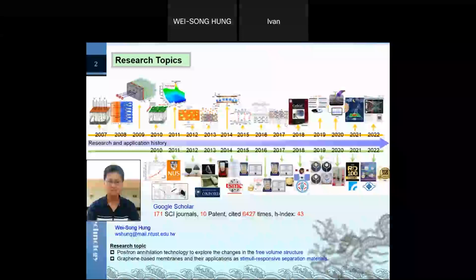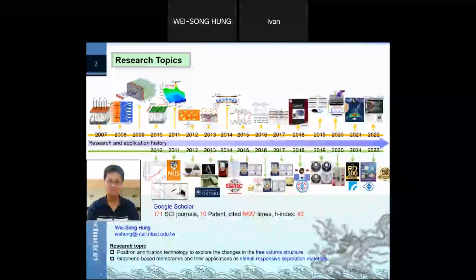Then I moved from Zhongyuan University to Taiwan Tech, and changed my topic to the preparation and application of 2D material graphene-based membranes.